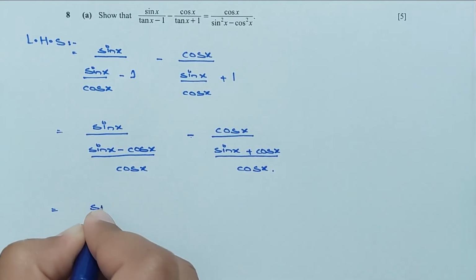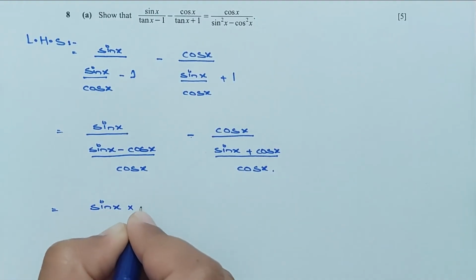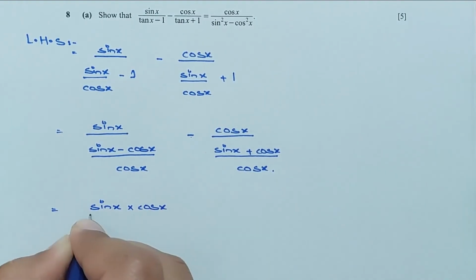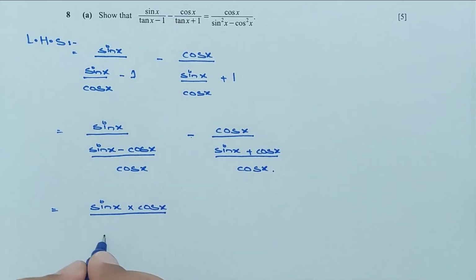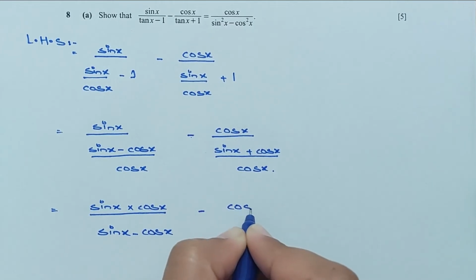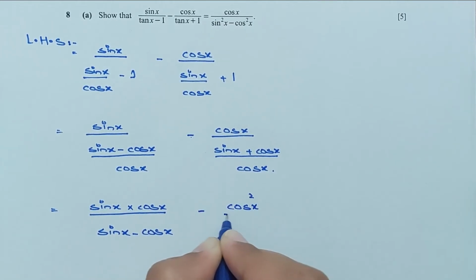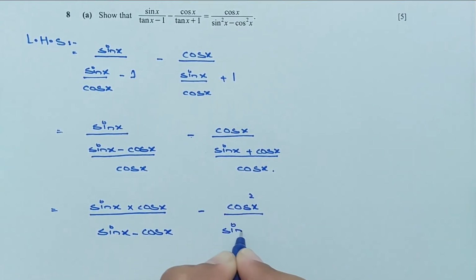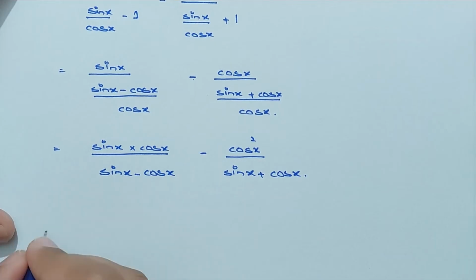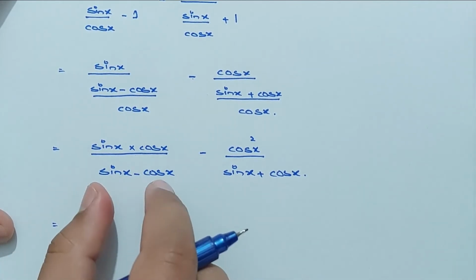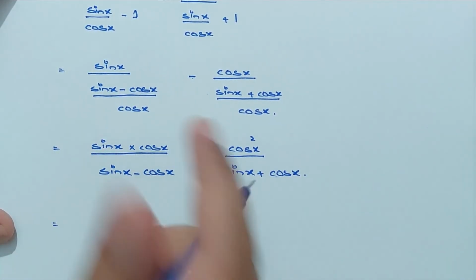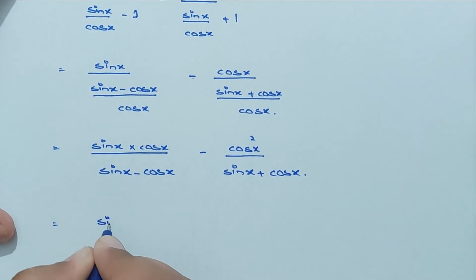Further simplification, sine x into cos x over the reciprocal, sine x minus cos x, minus cos x into cos x would be cos square of x over sin x plus cos x, right? Let me take LCM. So this is sin x minus cos x, so we have to multiply the opposite denominator.